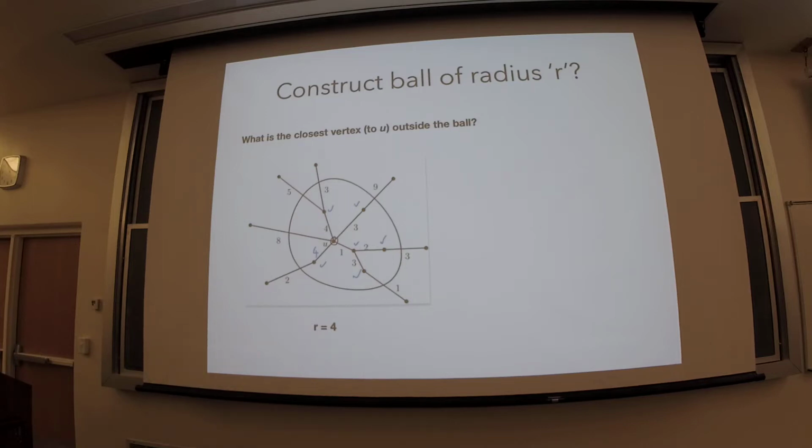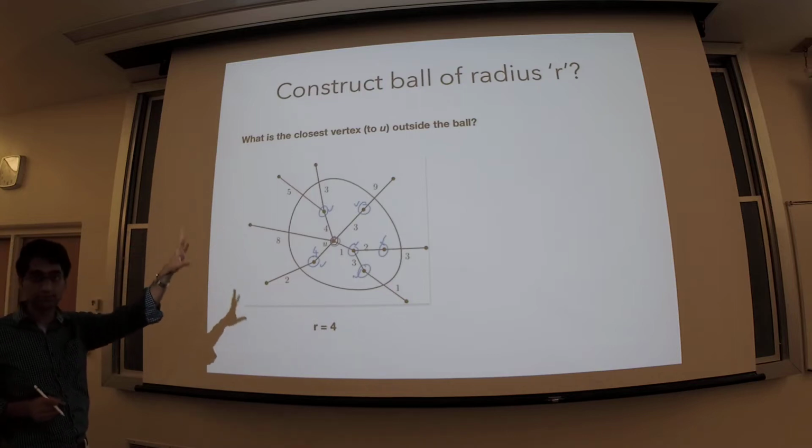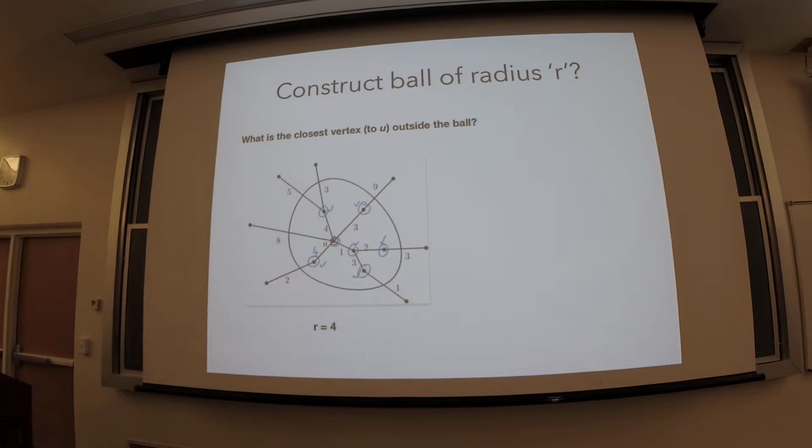We saw how to do this last time. You look at each of the vertices in the ball, and you look at the edges that go out. In this case, this is one edge that goes out, this is another edge that goes out, and so on.